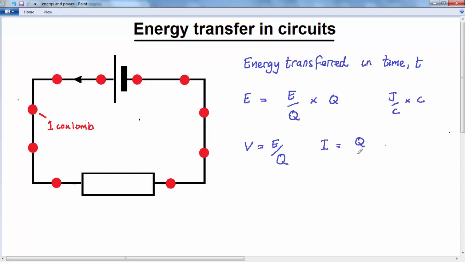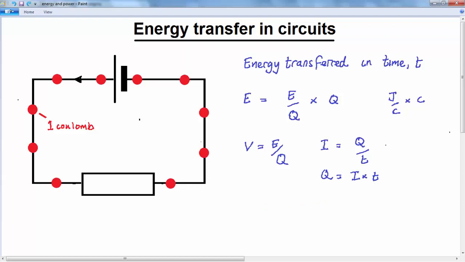That's Q divided by T. And so the total charge that flows through this resistance, Q, just rearranging that equation, is equal to I, the current flowing, multiplied by the period of time T.